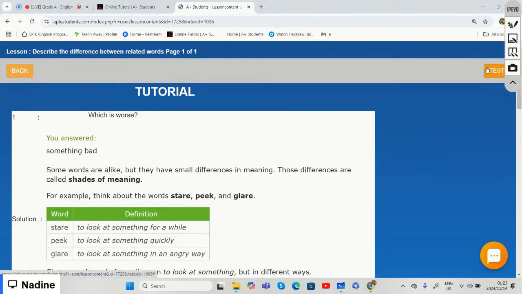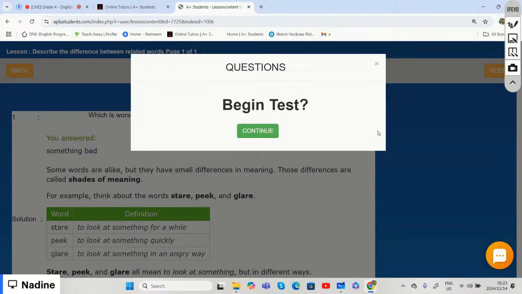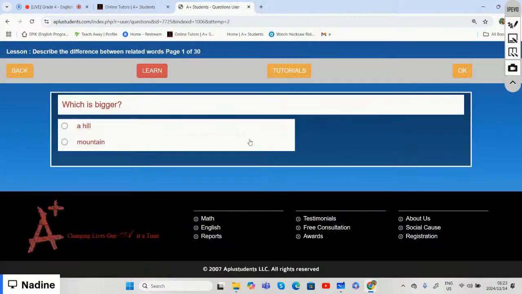All right, so now let's go to our test, where we are going to describe the difference between related words. We need to say which one is bigger. Is it a hill or a mountain? Which one is bigger?